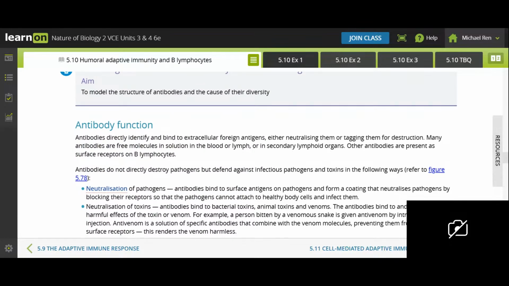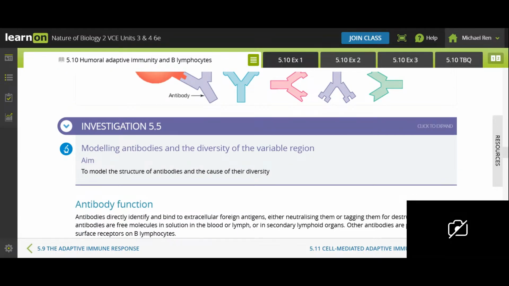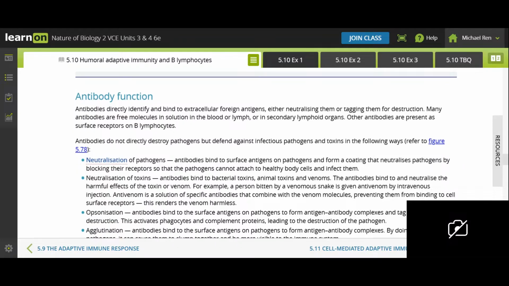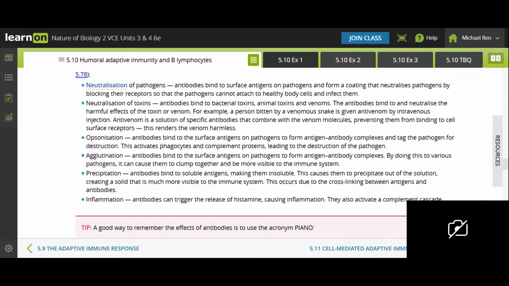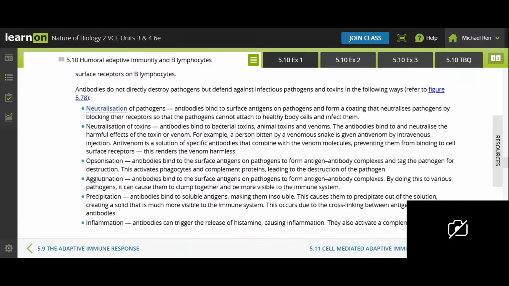Opsonization is another one, where antibodies bind to the antigens on the pathogen, producing antibody-antigen complexes, which make the pathogen a target for phagocytes and complement proteins, which usually results in the pathogen dying.